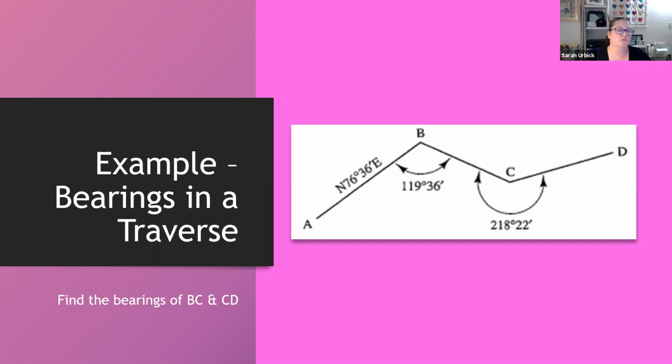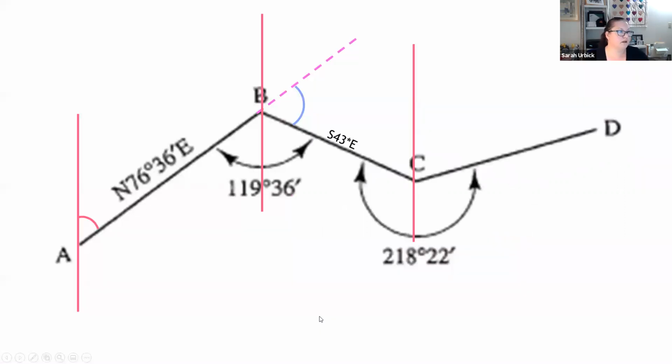So the way we're going to go about finding this: extend the lines. Then we are simply talking about angles. That's really all it is. We can take away the confusion of am I north, am I south, for the time being. So we want to project these lines to give us our points of measurement.